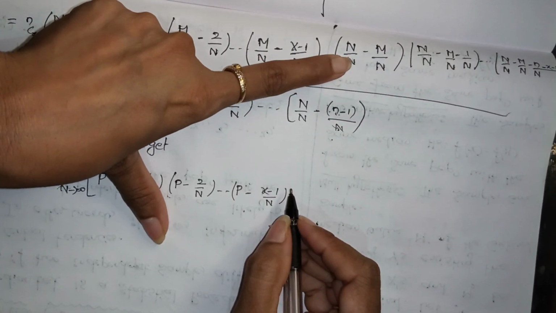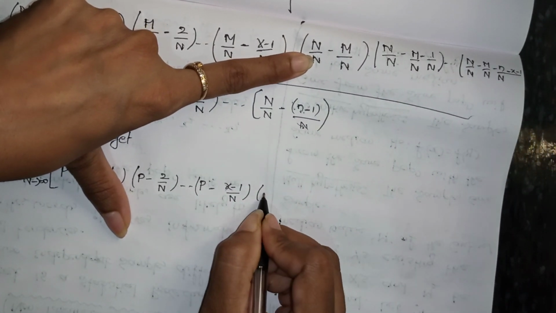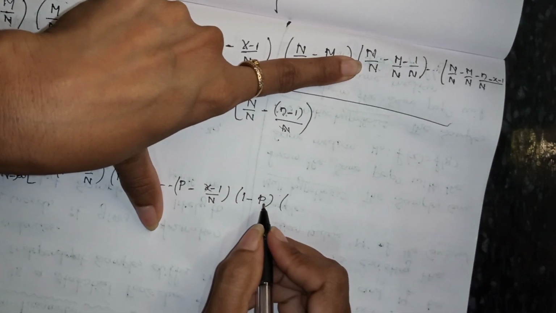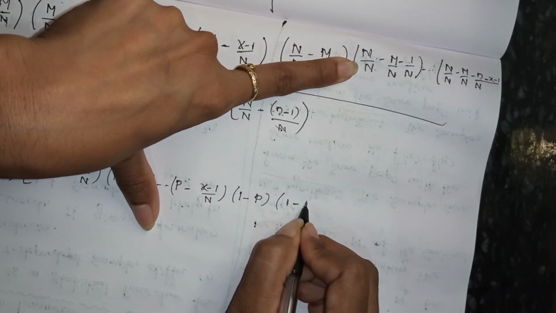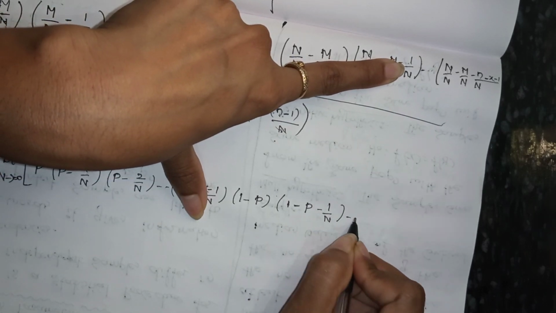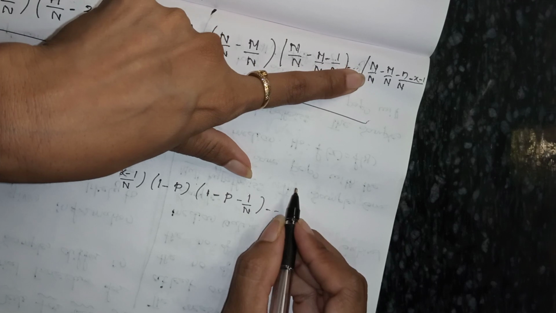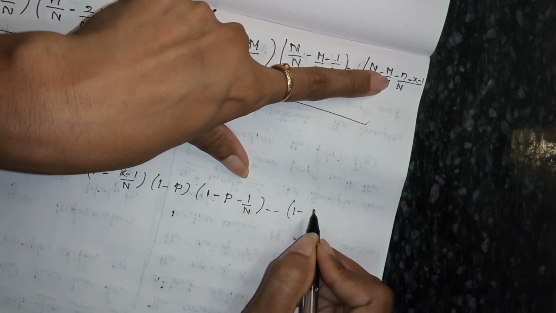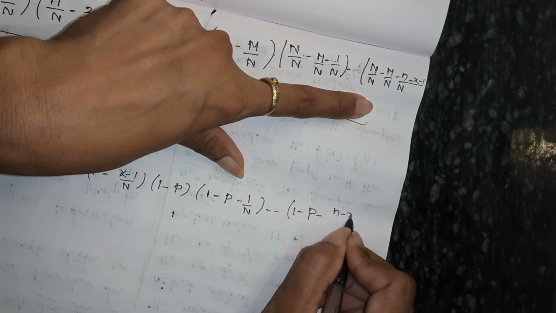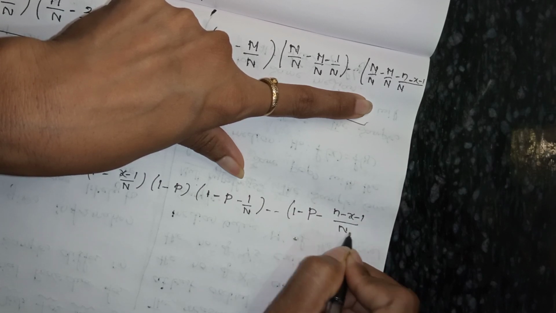Again, n by n means 1, so 1 minus p. Again, n by n is 1, 1 minus p minus 1 by n, and so on. Again, n by n means 1, 1 minus m by n means p minus n minus x minus 1 by capital N.